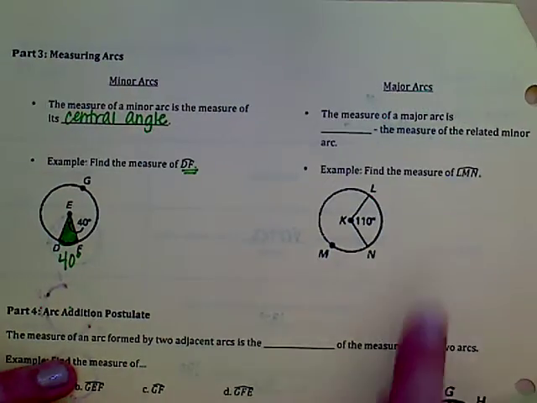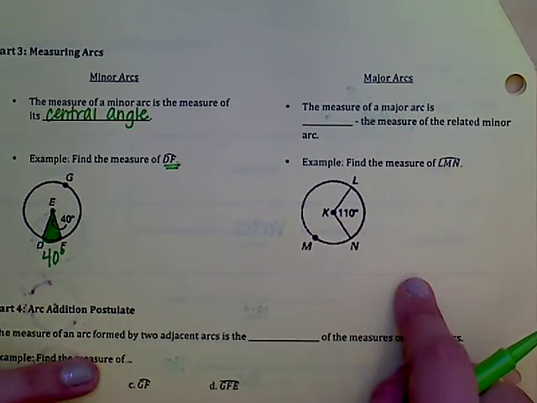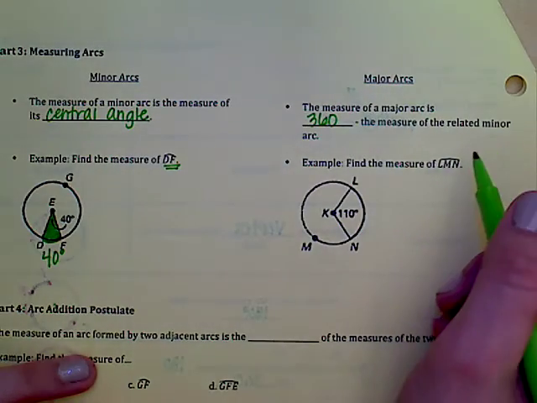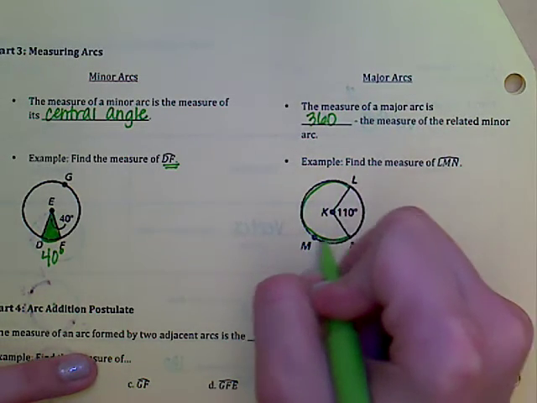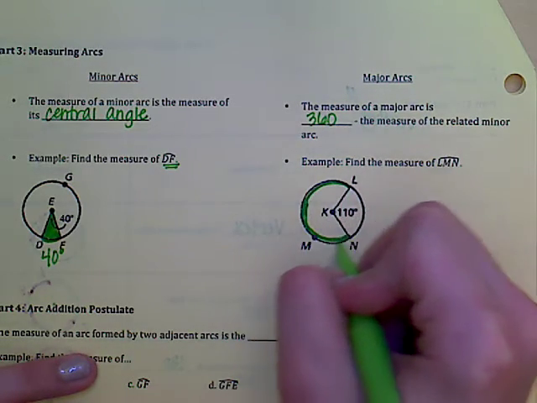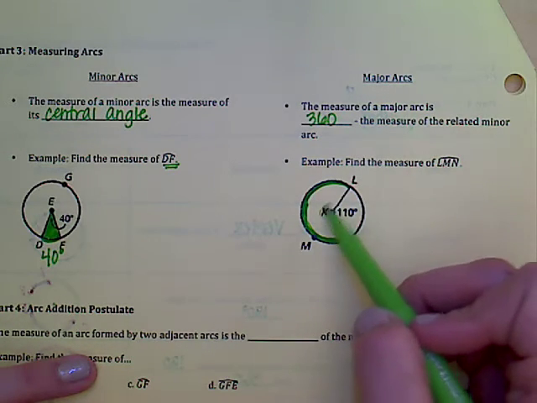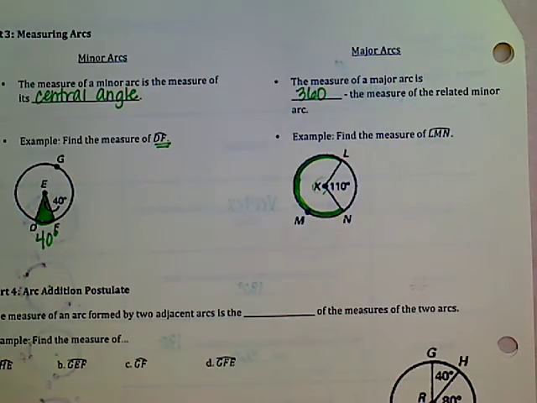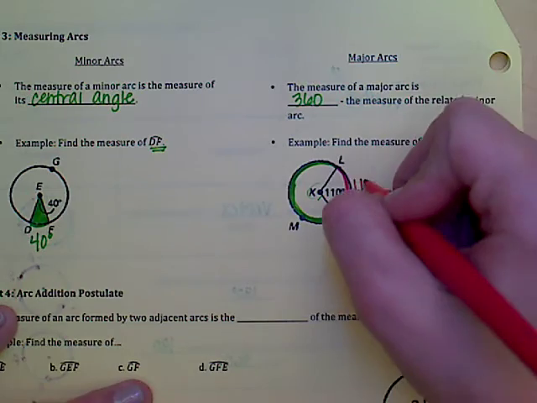Major arcs are a little bit more complicated. It says the measure of a major arc is 360 minus the measure of the related minor arc. So if we want to find the measure of arc LMN, this big one we talked about in the last section, I don't know what this angle is. It's a huge angle and there's no number there to help me. But I do know the related minor arc, the rest of the circle, is 110 degrees.